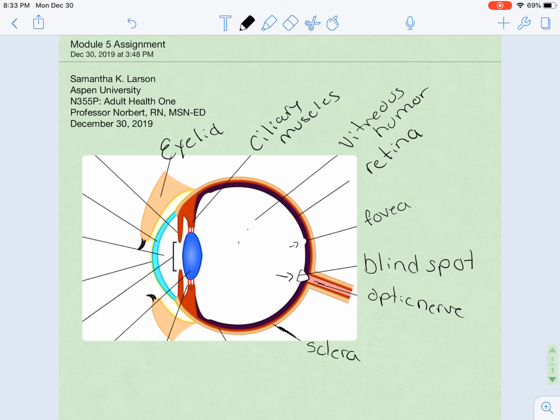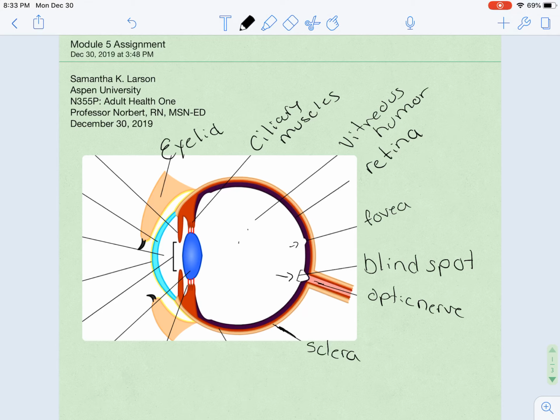The sclera is the tough, strong outer layer, and it is responsible for protecting the internal workings of the eye, and it has a lot of blood vessels which actually supply the retina with food and oxygen.